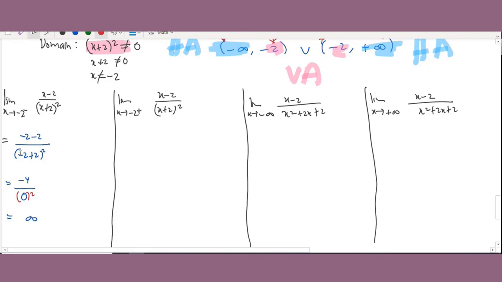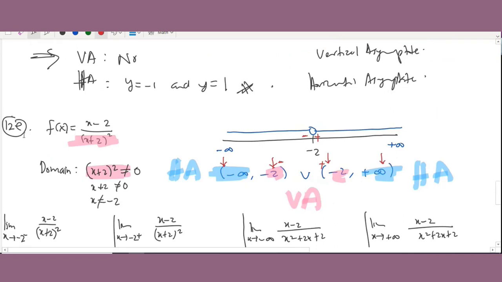So this one, negative 2 from left. Look at the number line. Negative 2 from left is here. This is negative 1, 0, negative 3, negative 4. So take one number, negative 2.001.